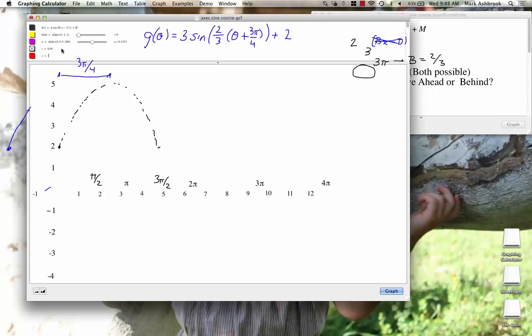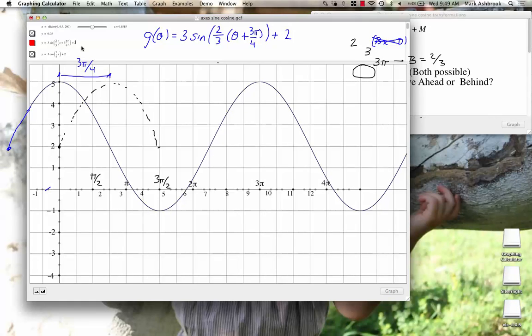So y equals 3 sine 2/3 x plus 3 pi over 4, plus 2. Lands right on top of it.